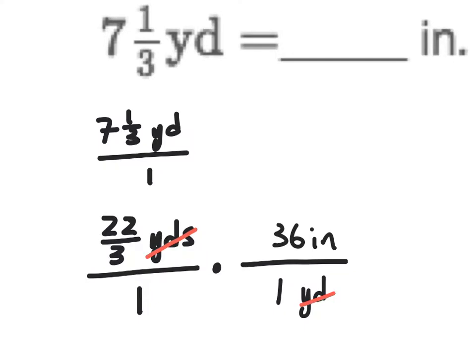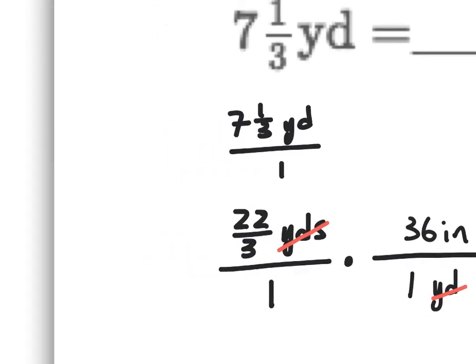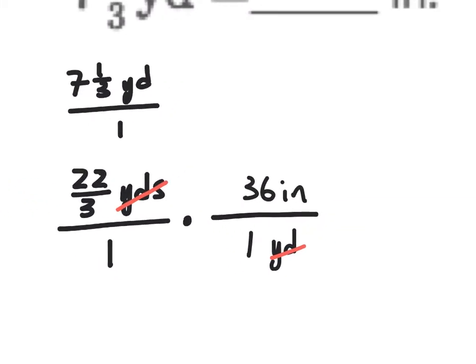If I have 1 yard over 1 yard, 1 divided by 1 gives me 1, but yard divided by yard also gives me just 1. So not only the numbers can divide out, but the units of length can also divide out. That's really important.